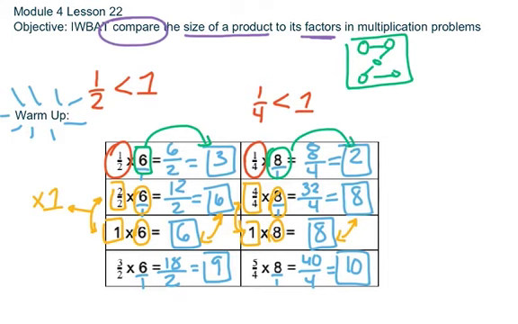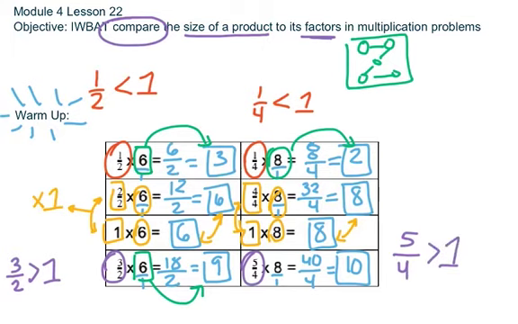Okay, and then lastly, I'm going to go ahead and look at 3/2 and 5/4. And actually, 3/2 is greater than 1. So if it's greater than 1, my product is going to be greater than this factor of 6, which it is. It's 9. And then here I have 5/4. 5/4 is greater than 1.